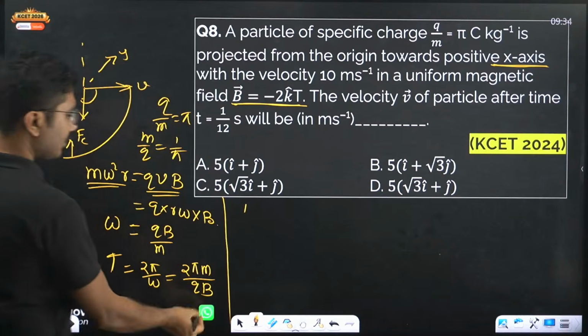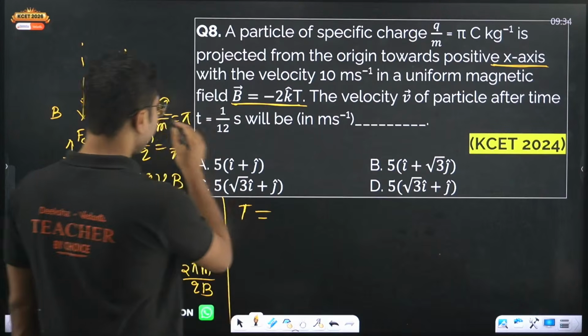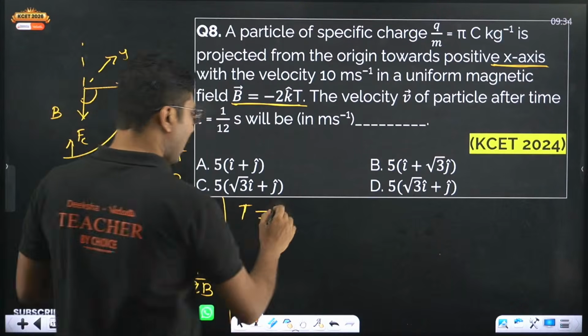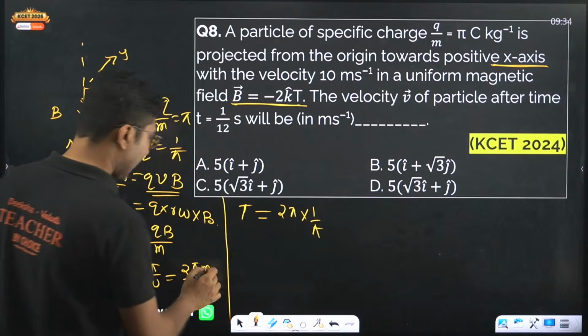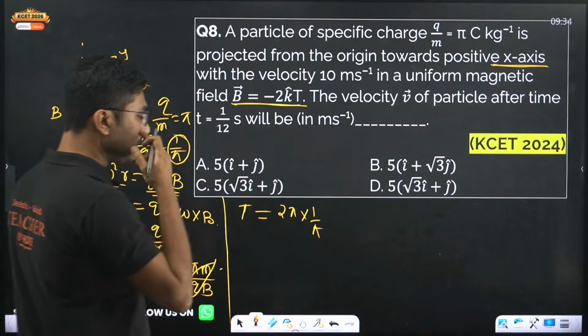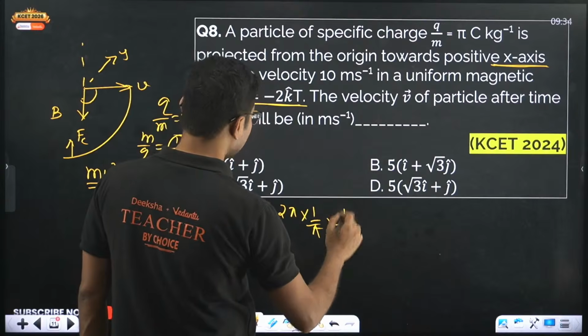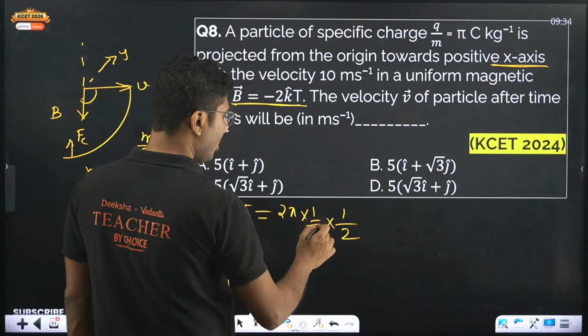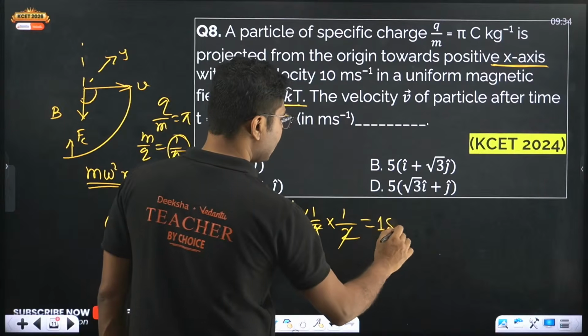To cancel this extra pi, the value is given in such a way. So 2 pi into 1 by pi, and the magnetic field is given as -2, so magnitude wise it will be +2. Pi cancels, 2 cancels, we get time period equals 1 second.